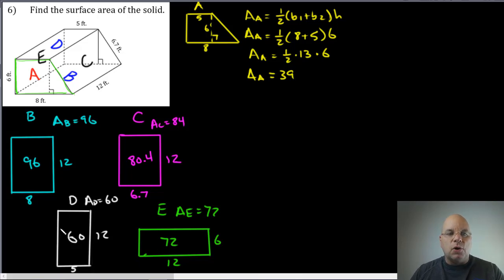Okay, then the question is, how do we put together a formula for the total area? The total surface area will just be the sum of all these areas, but we have to keep in mind that we have to double face A because I have two of these trapezoids, two parallel and congruent bases.